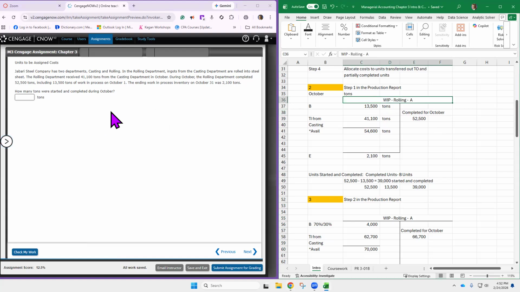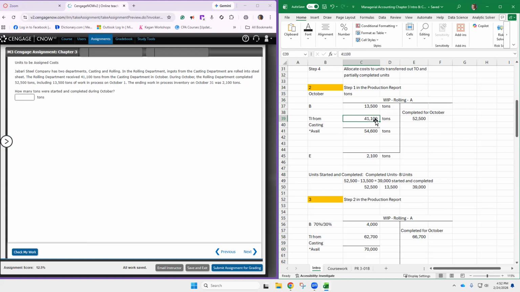Okay, so this is a steel company with 2 departments, casting and rolling. In the rolling department, ingots from the casting department are rolled into steel sheet. The rolling department received 41,100 tons from the casting department. So I put that down.